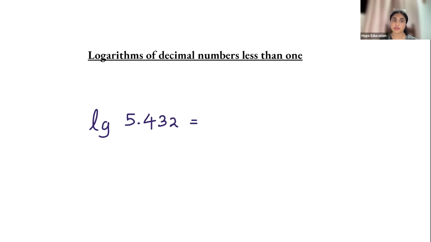Quickly find the log value. Okay, tell me with the decimal. When I read this I get 7350, and since the decimal place is at the default position, it's 0 point.